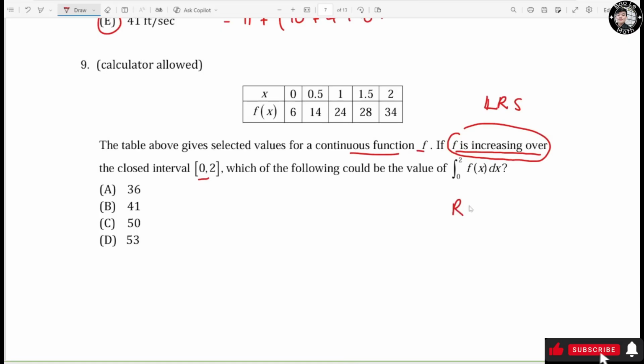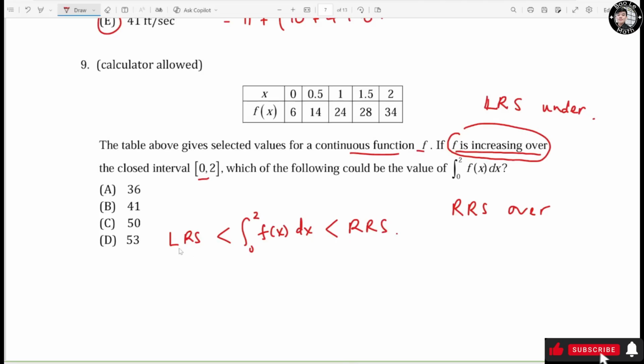And the right Riemann sum is an overapproximation, right? So it tells us that the left Riemann sum is less than the integral from 0 to 2 of f of s ds, which is less than the right Riemann sum, right?